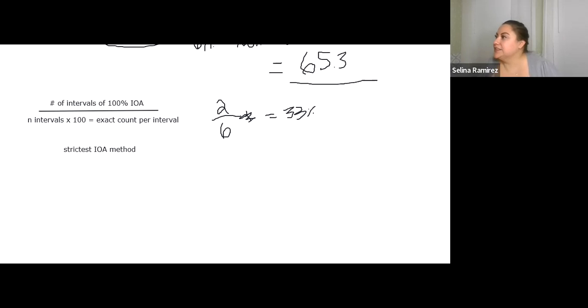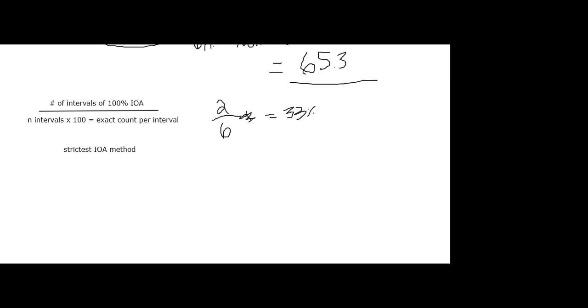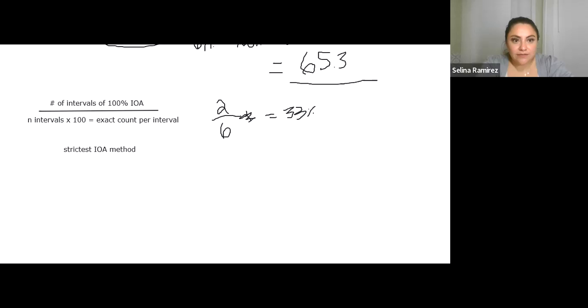Okay, so let's see the formula for trial by trial. That one is going to be the number of trials in agreement over the total number of trials. So it's the same kind of formula as exact count, you see?